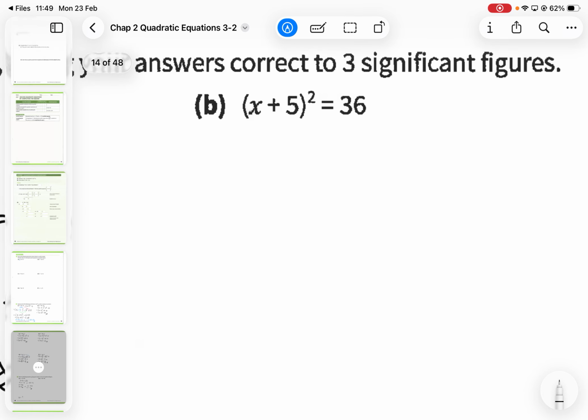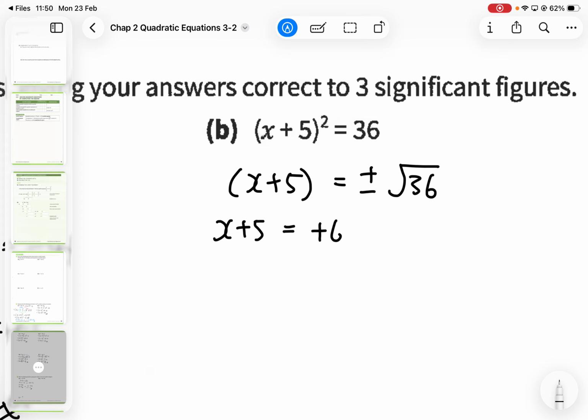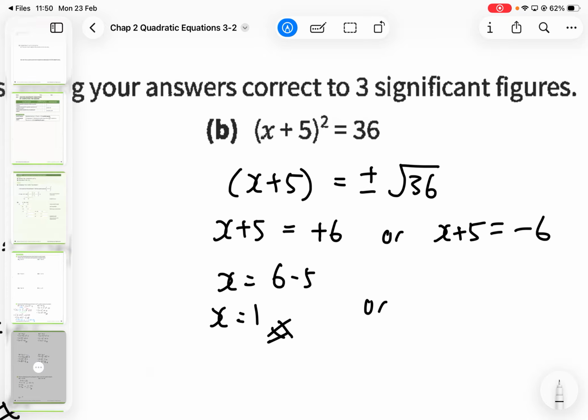Or negative 4.828427. Square root of 8 is 2.828427. 3SF lor. So give a bit more, then round it off to 3SF.